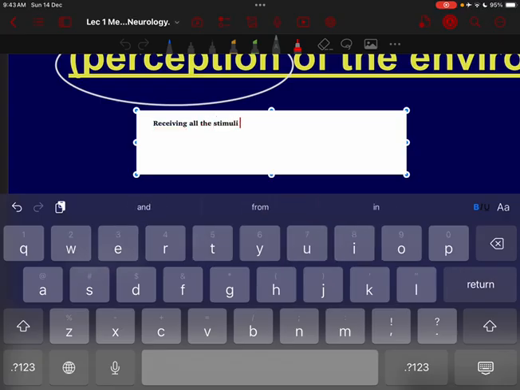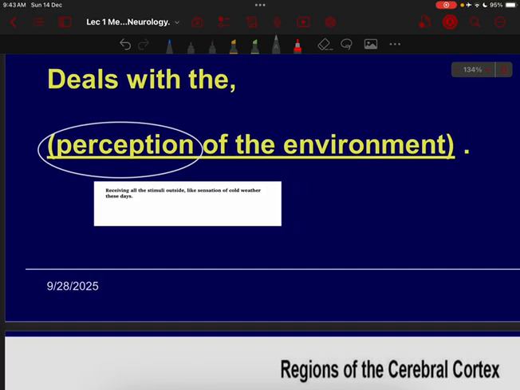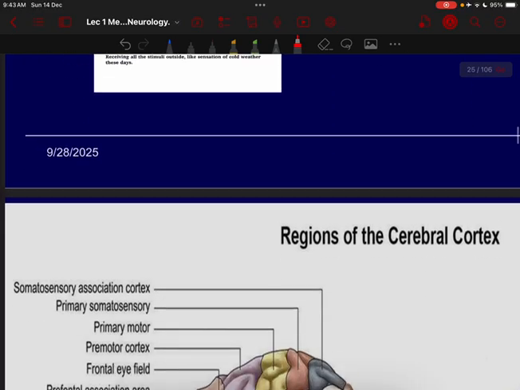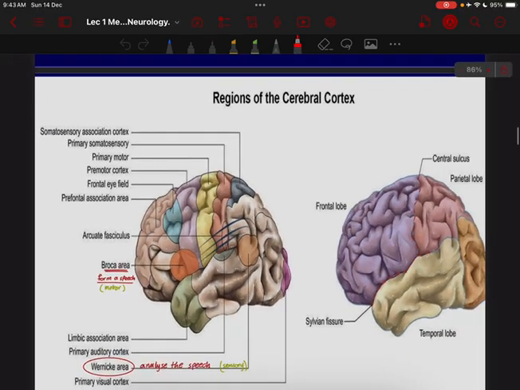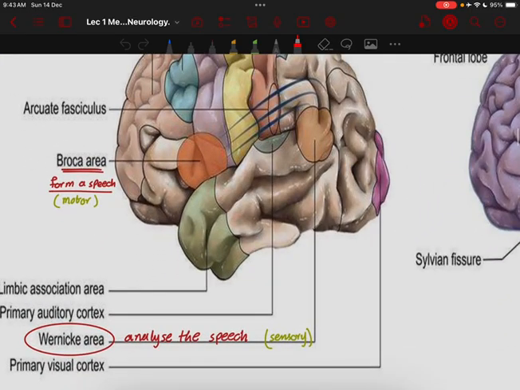For example, at this time we are in this lecture hall; an hour ago we were probably in the car. So perception of the environment is the posterior part of the cerebral cortex. And this is another diagram of the same thing for the brain.